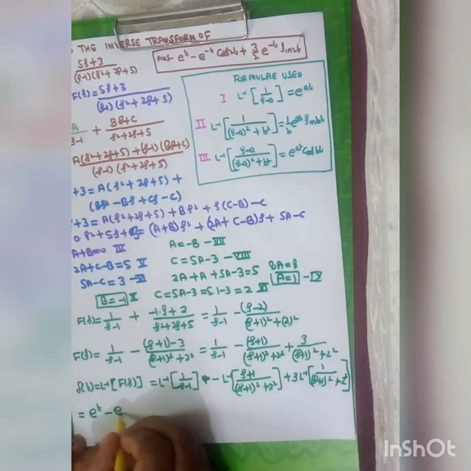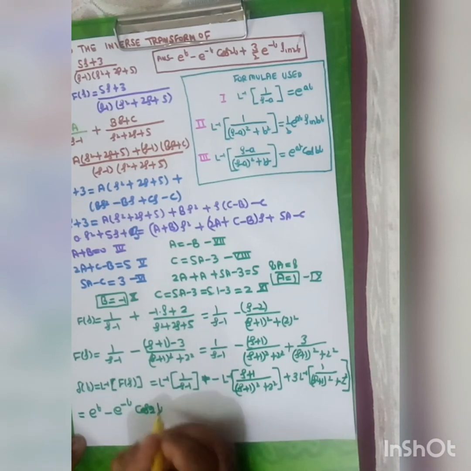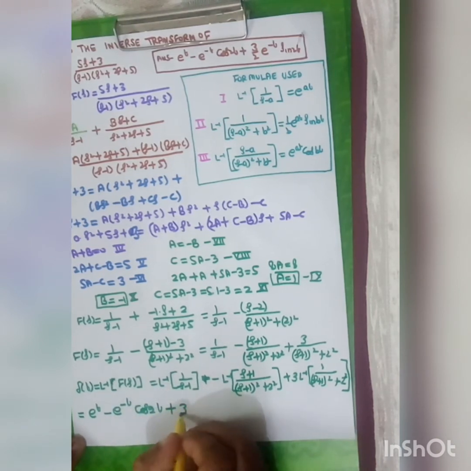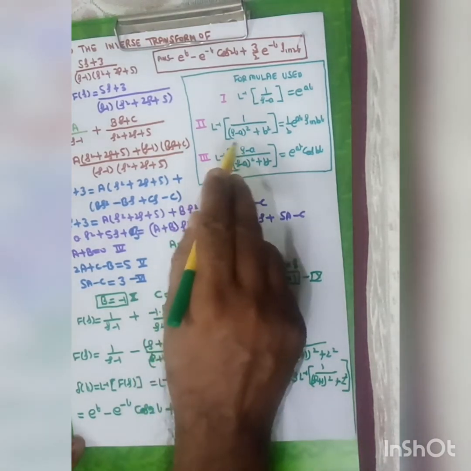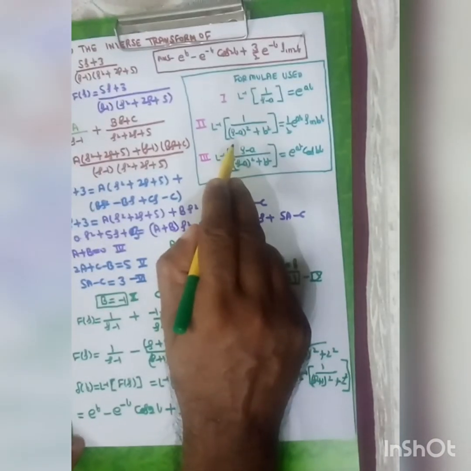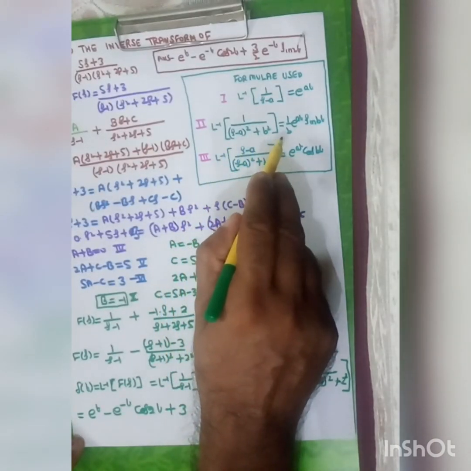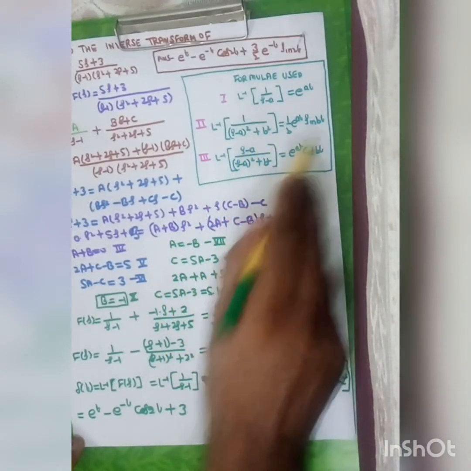So it will be e to the power minus t cos 2t. Plus 3 times the inverse Laplace transform of 1 upon (s - a) whole square plus b square, which is equal to 1 upon b e to the power at sin bt.